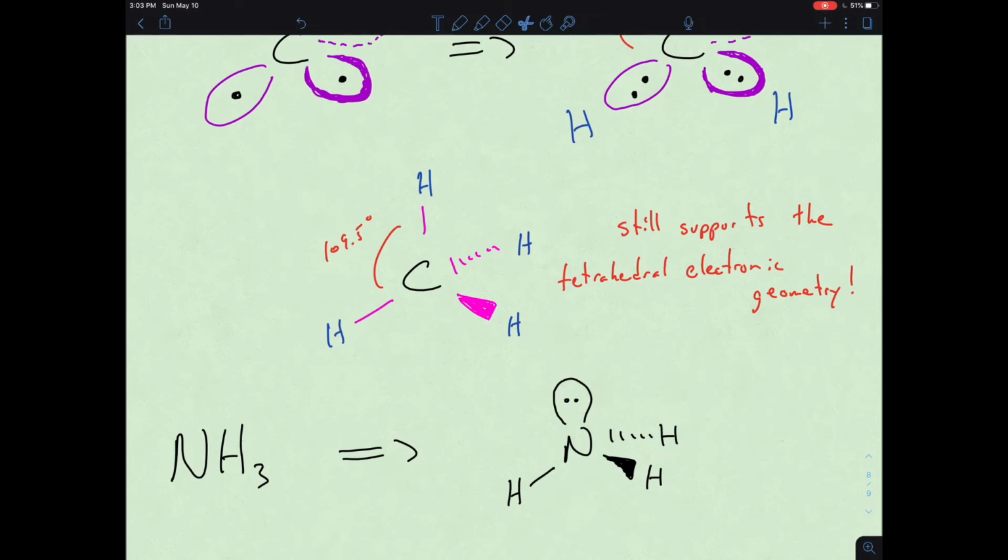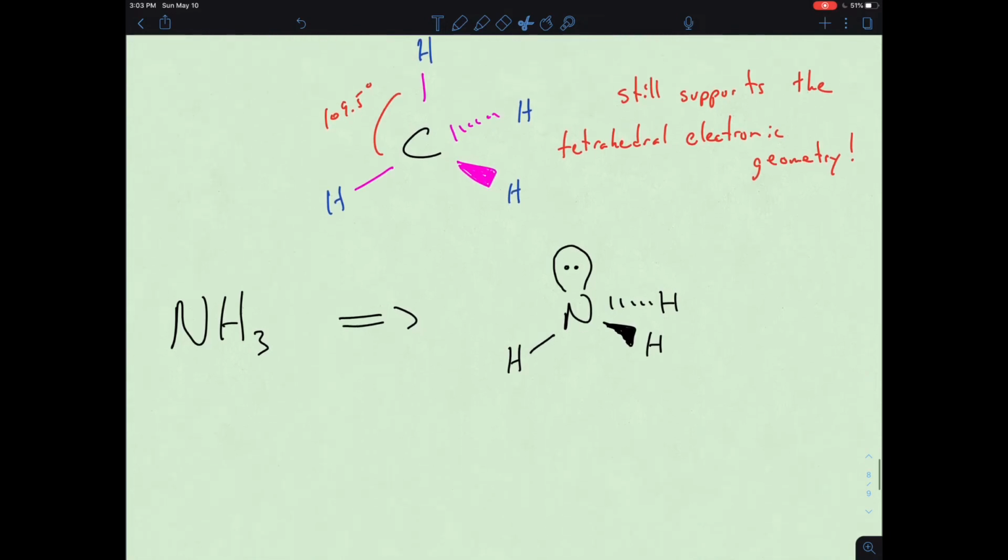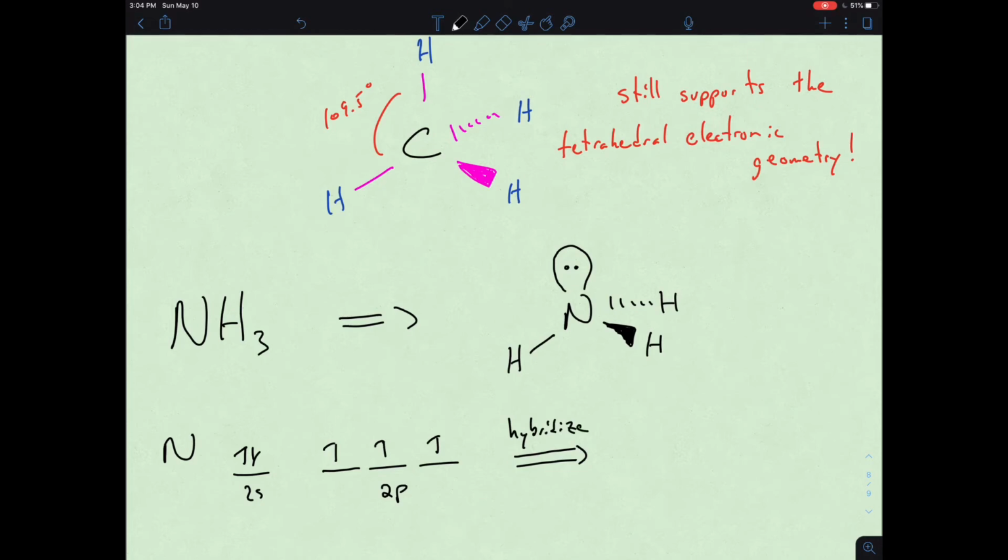So I just wanted to show an example of this, that the hybridization motif doesn't change even if there's a lone pair that's actually there. So with our nitrogen, we have this representation. And as far as our hybridization motif, we still have this notion of 4 groups.